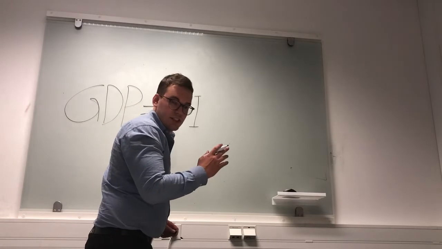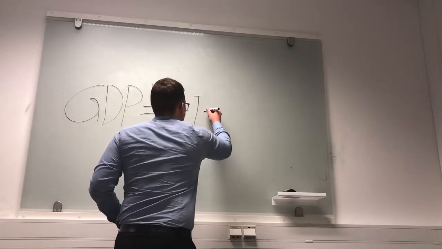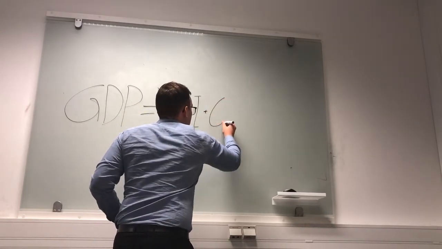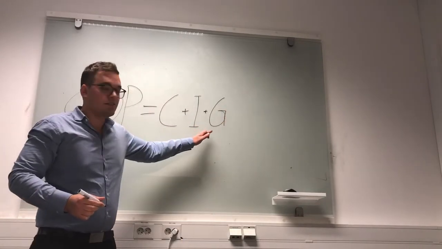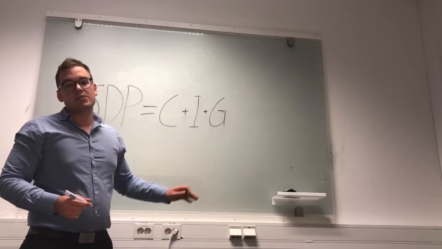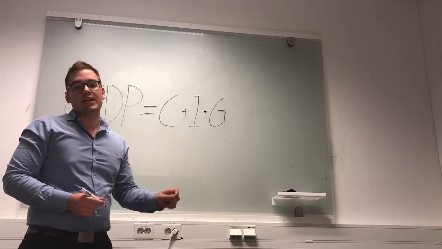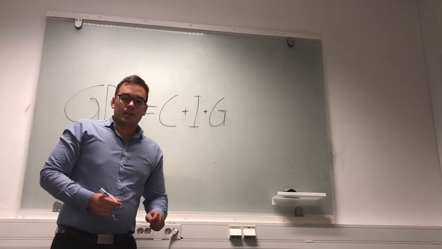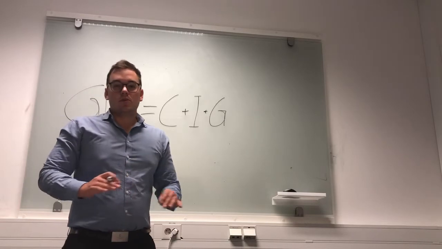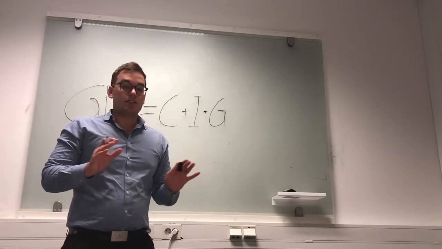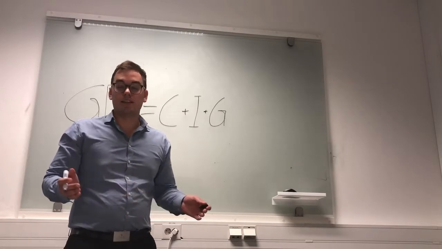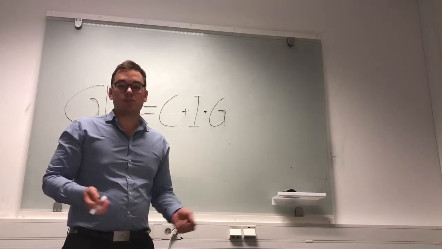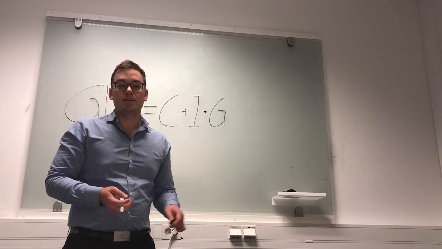We also have the G. Now the G in the equation stands for government spending. This is all the money shelled out by the government on different things. Salaries, infrastructure projects, everything.